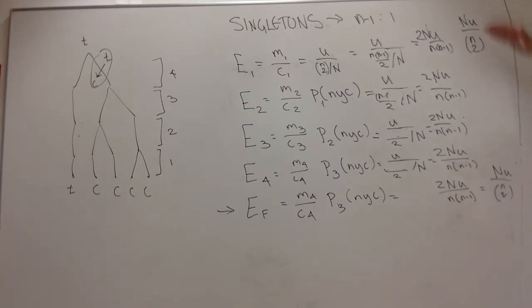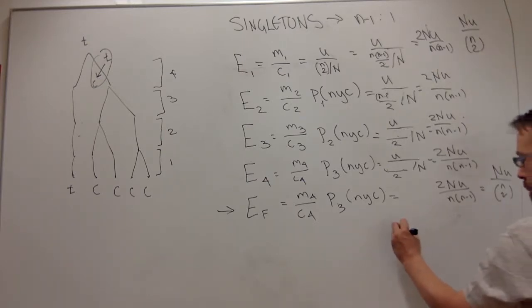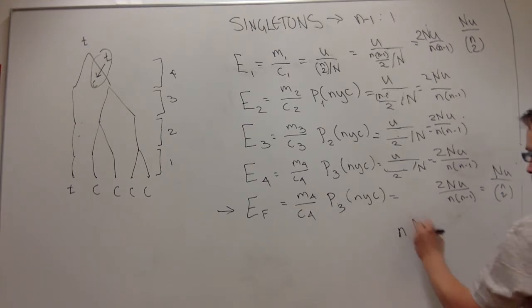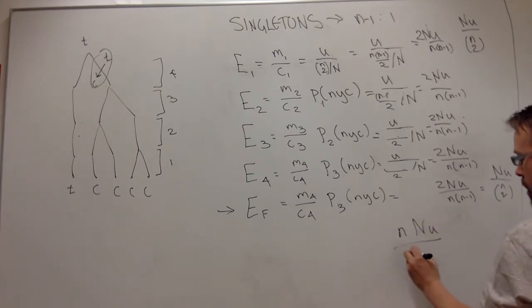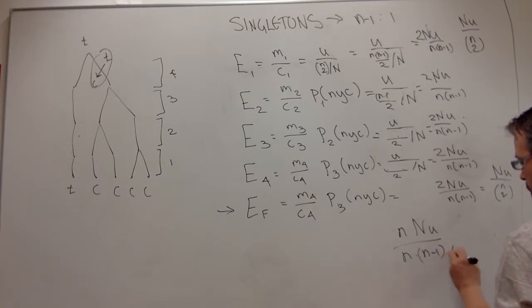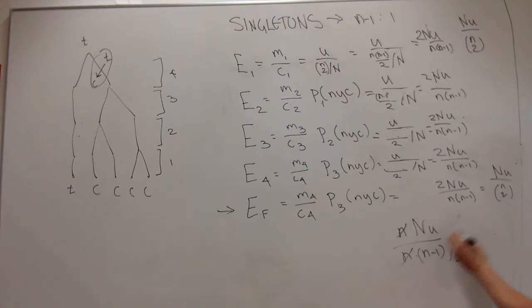Okay, so now we can sum up all of these. And so now we have 1, 2, 3, 4, 5. We have n of them. So we have n times nu divided by n times n minus 1 divided by 2. And we see that these n's cancel, and our expected number of singletons is equal to this.